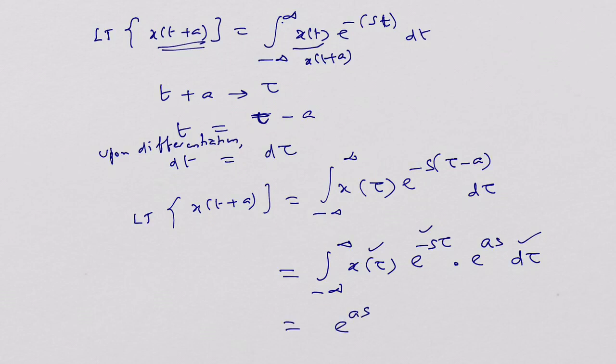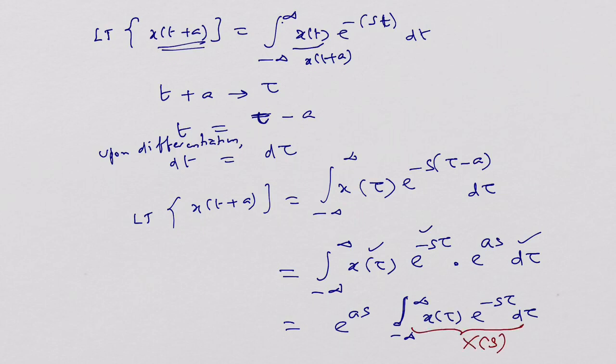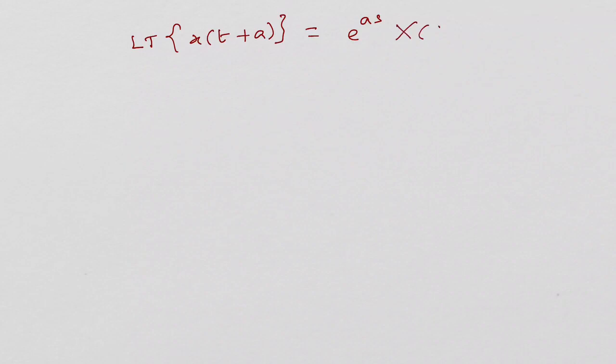Now we can say that the integral from minus infinity to plus infinity of x of tau into e power minus s tau d tau, what is it? This integration stands for X of s. That's why we say the Laplace transform of a signal advanced by an amount of a units will be given by e power as multiplied by X of s.